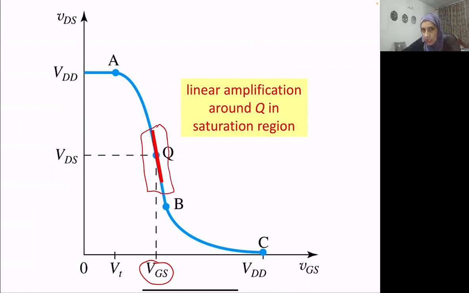As you can see, this red line, if my input signal is a small AC signal around this DC value, I only have this small amplitude changing around these values, then my transistor will behave as an amplifier. Okay, I know that this sounds not so clear. Let's try to explain it here.